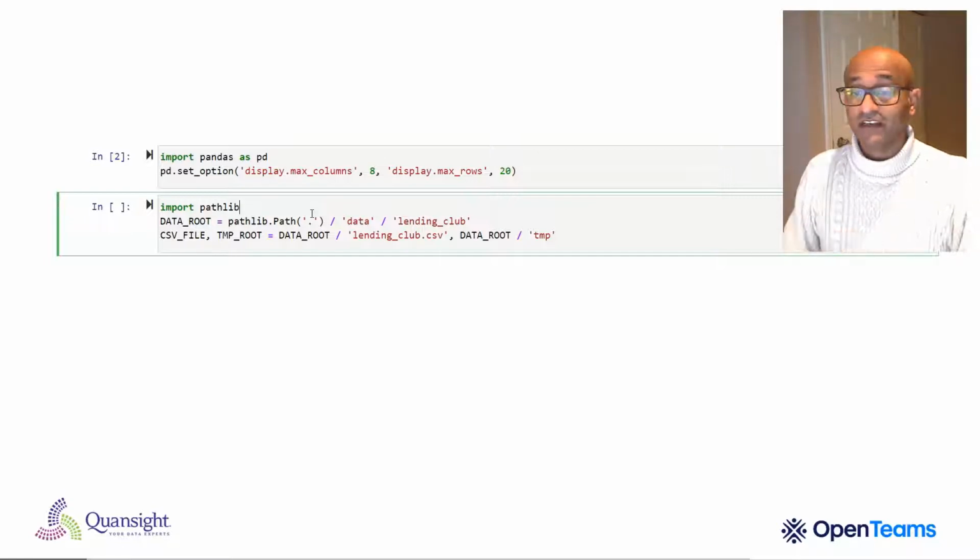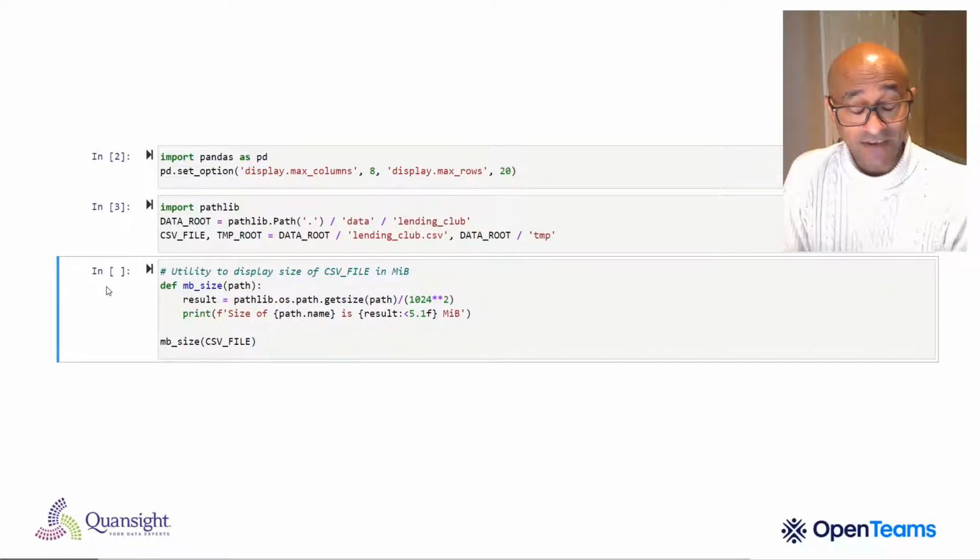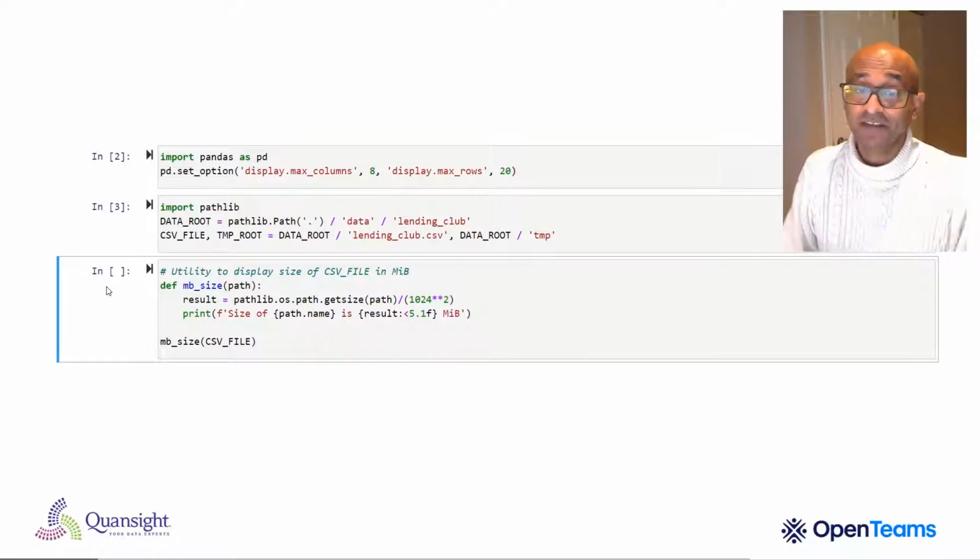In particular, there's a large comma-separated value CSV file called lendingclub.csv, and we'll also be using a subdirectory called temp_root for storage later on. The advantage of doing things in this particular way is our notebook is then more device independent, operating system independent.